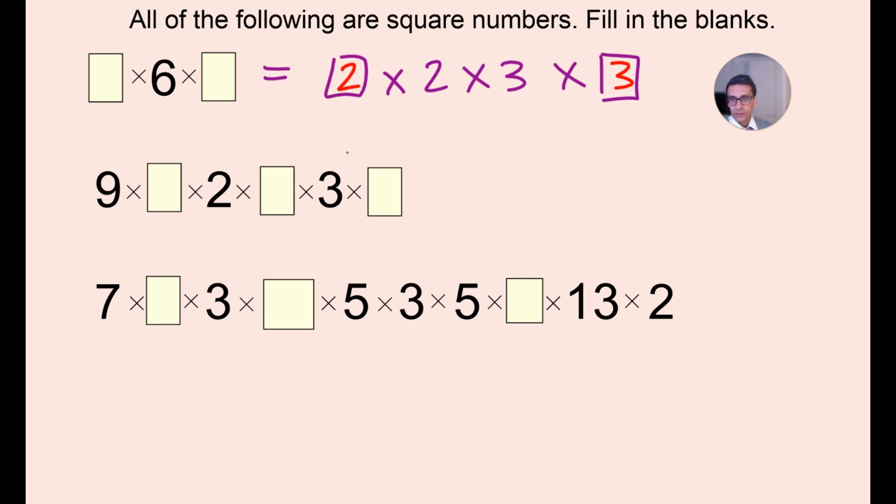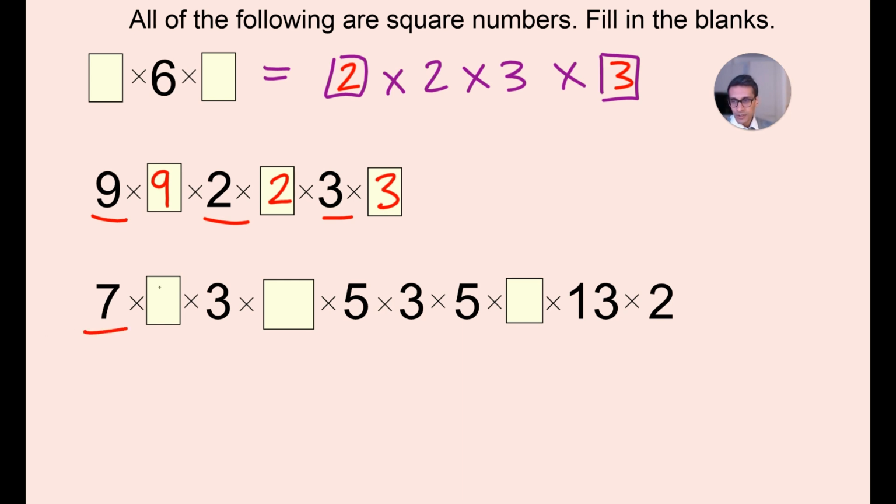Okay, the next one, we've got a 9, 2 and 3. Well, the 2 has to have a factor pair and the 3 has to have a factor pair. And actually here, these don't have to be prime numbers because they're not a product of primes. So here it's just going to be 9. In some of these questions, there are other possible answers, but we're going to stick with the simple options.